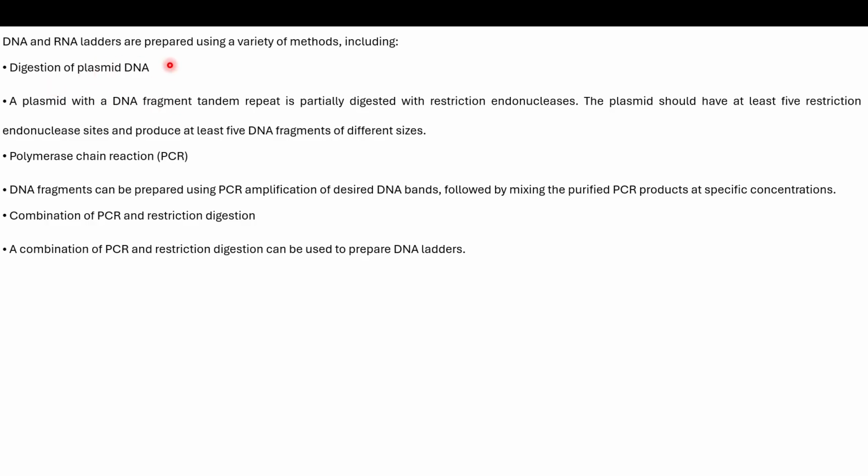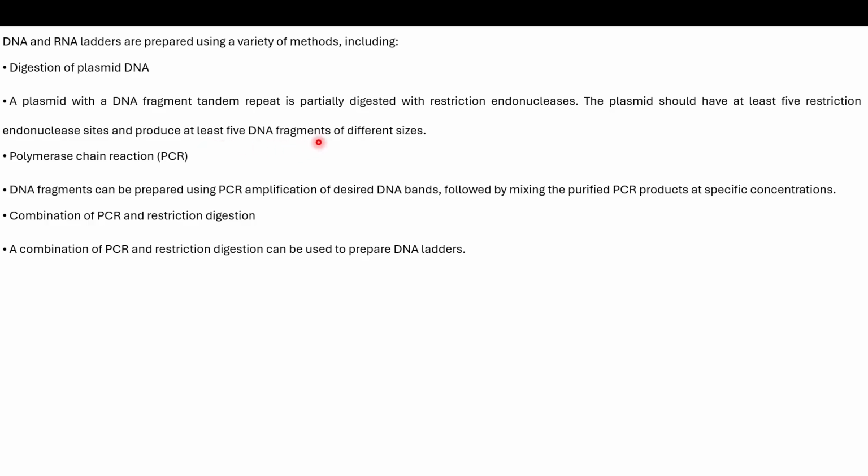Similarly, a plasmid DNA is there, you digest it; a plasmid with a DNA fragment tandem repeat is partially digested with restriction endonucleases. We have to make sure that this particular plasmid DNA will have multiple restriction sites, so that different fragment sizes are obtained, so that the plasmid can produce at least 5 DNA fragments of different sizes.